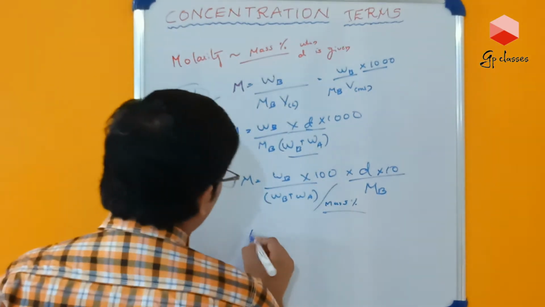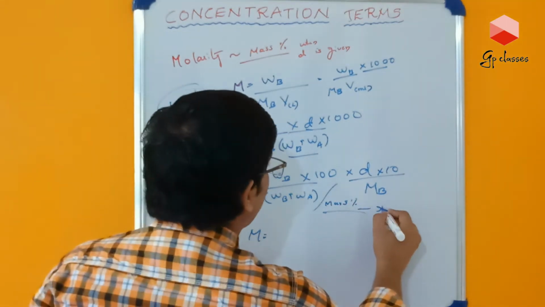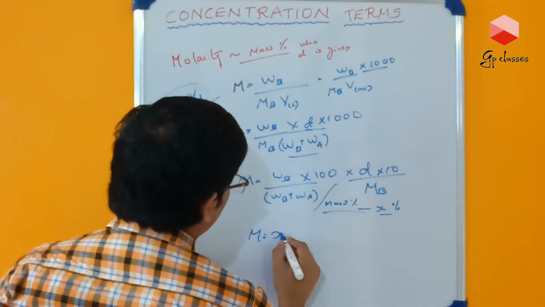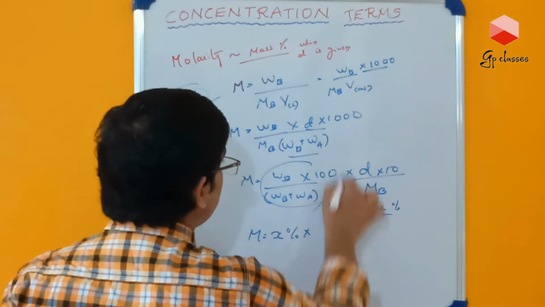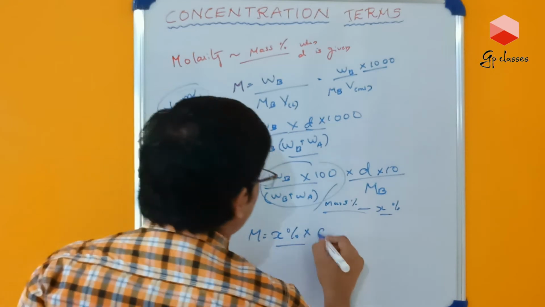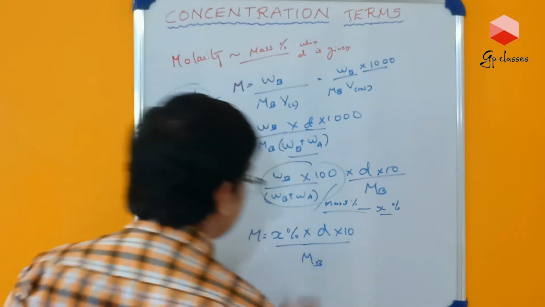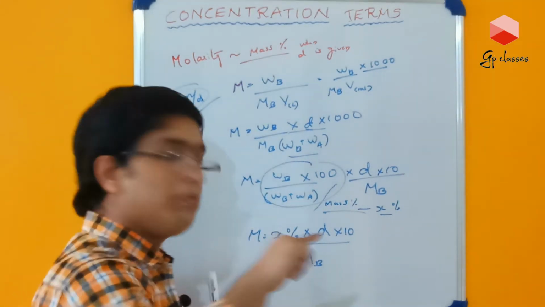So I write the mass percentage as X percentage. Molarity is equal to X percentage into density into 10 by the molar mass of solute. This is the equation which connects molarity with mass percentage.